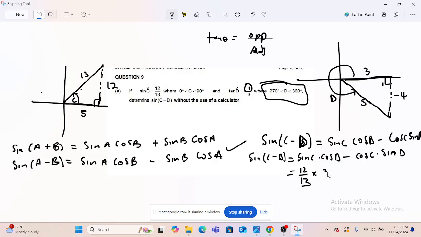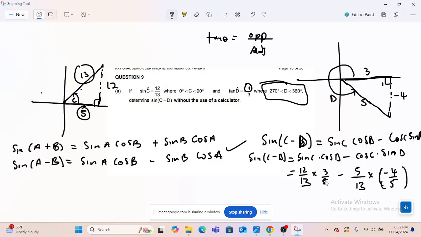So that is multiplied by 3 over 5, minus cos C, which is adjacent over hypotenuse again, 5 over 13, times sine D, which is opposite over hypotenuse, negative 4 over 5.